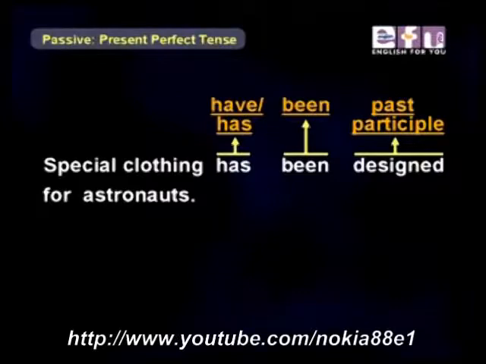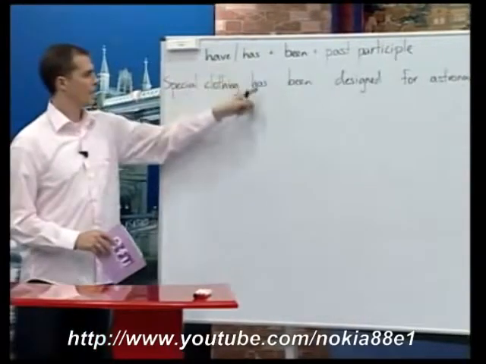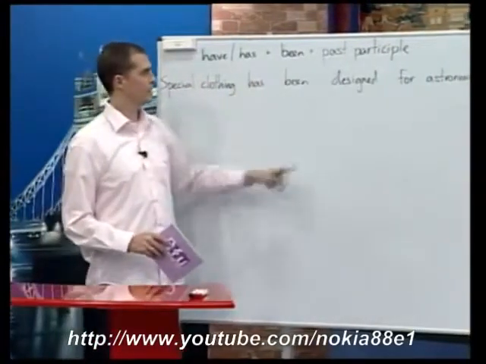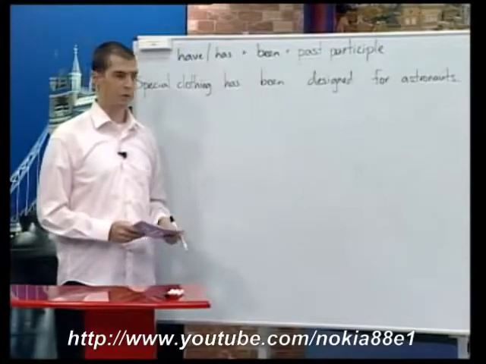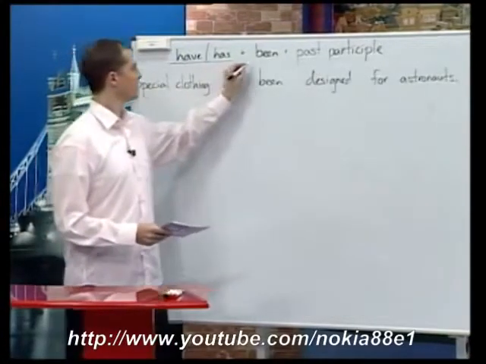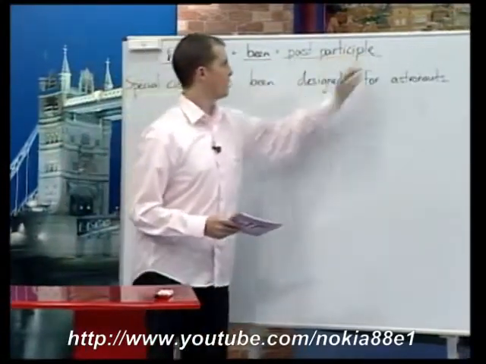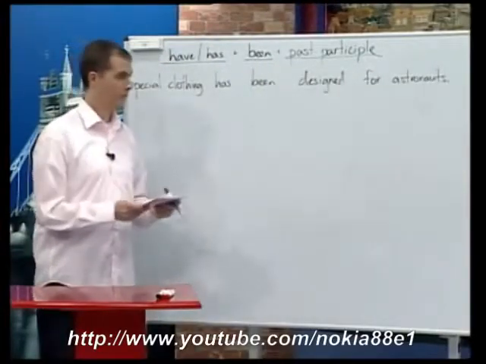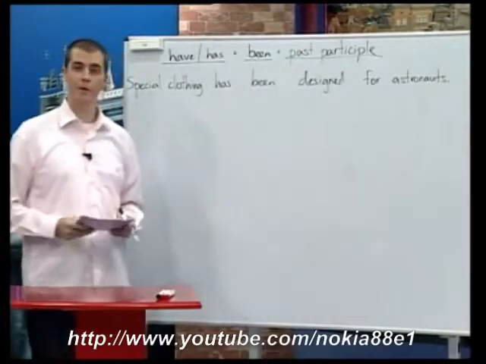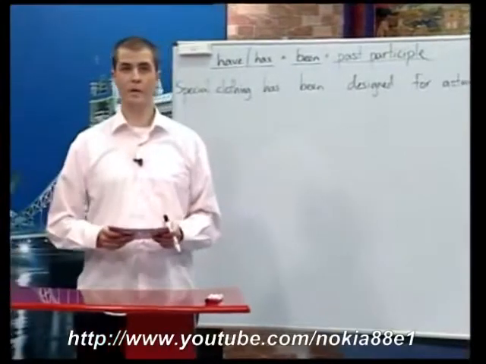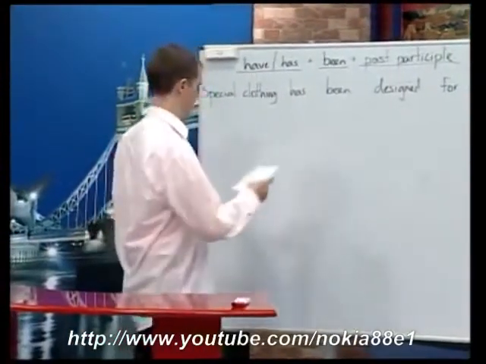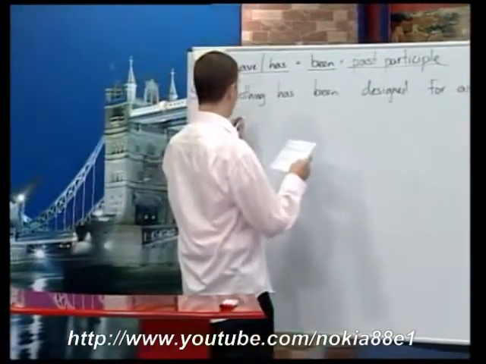Now that is has been designed for astronauts. Special clothing has been designed for astronauts. Have and has been past participle. Okay, to form the negative of the present perfect tense, we use have or has not.